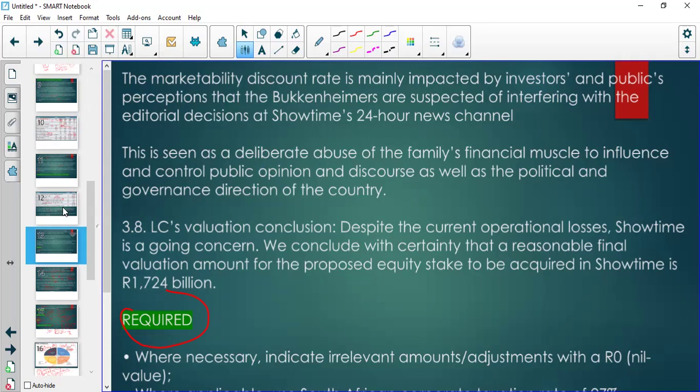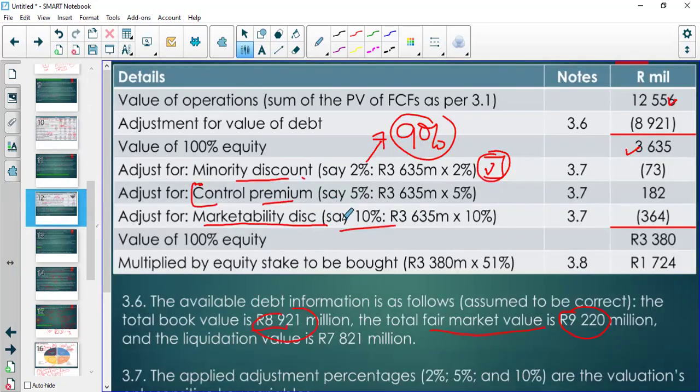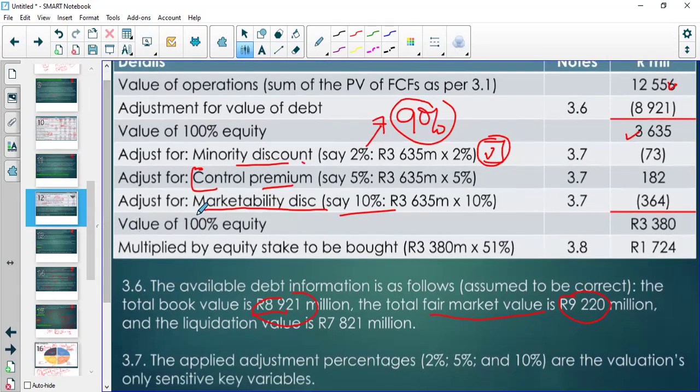So that's going to be your marketability discount. But in this case, it doesn't look like we have that. And then also here, we don't need the 51%, we need 90% of that, not 51%. So those are some of the things that I managed to pick up.